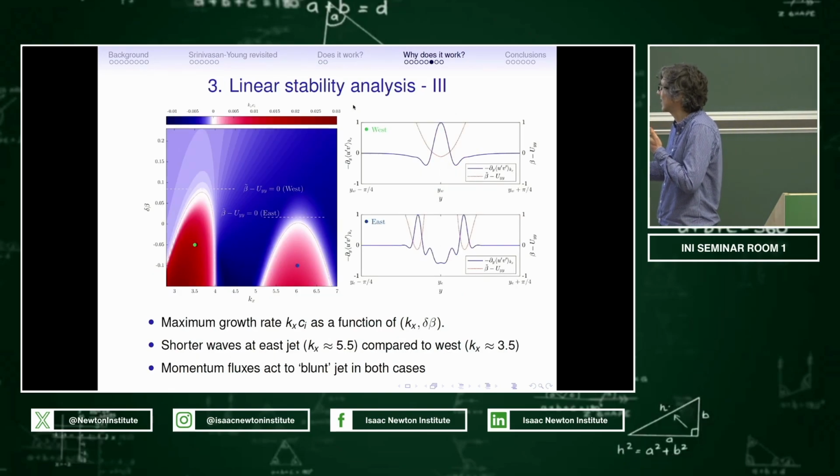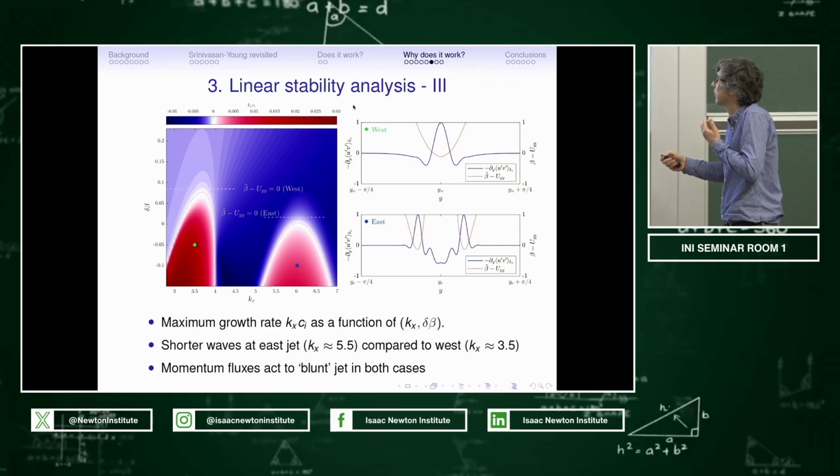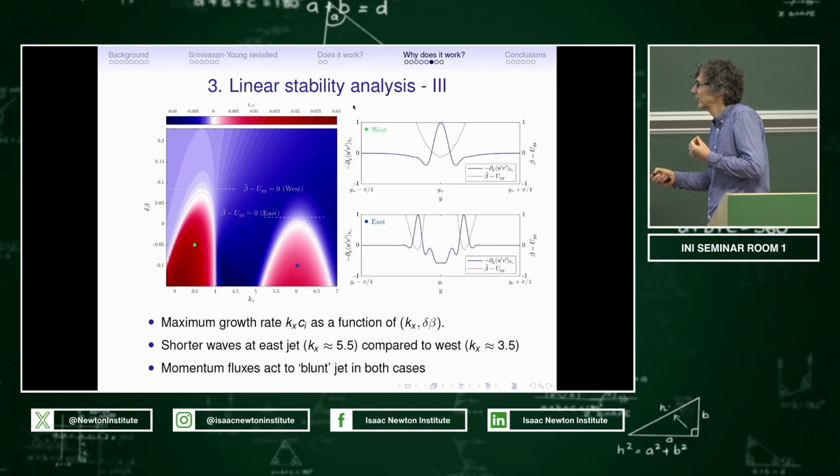The result of that study looks like this. This contour plot shows the maximum growth rate of a wave; red is instability, blue is stability. It's plotted as a function of the zonal wave number and this artificial parameter perturbing beta.